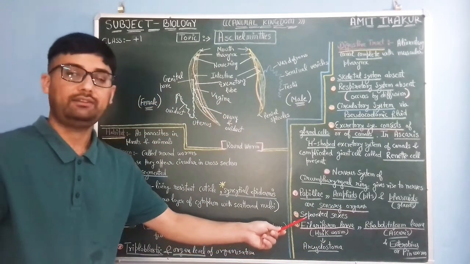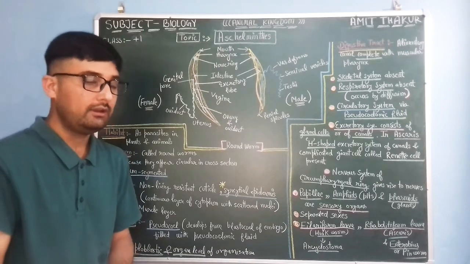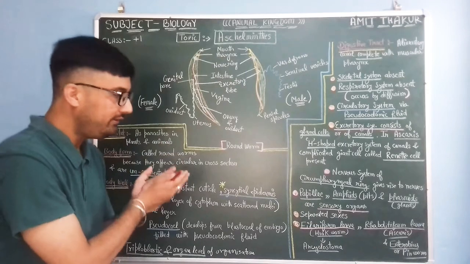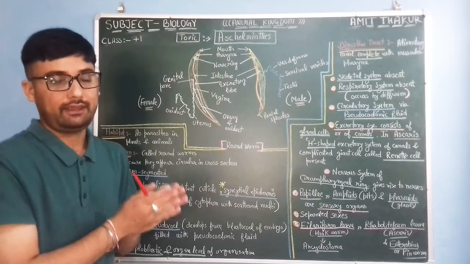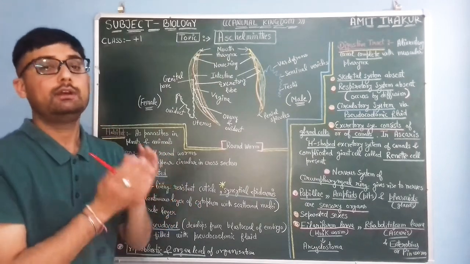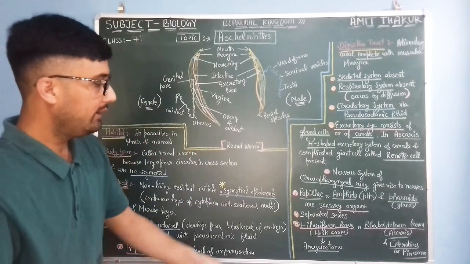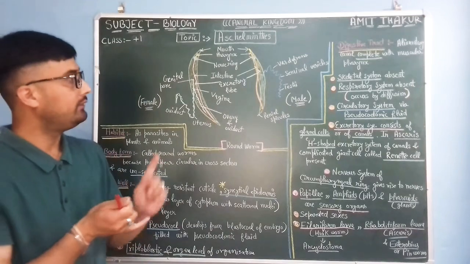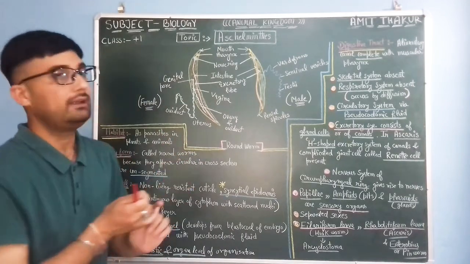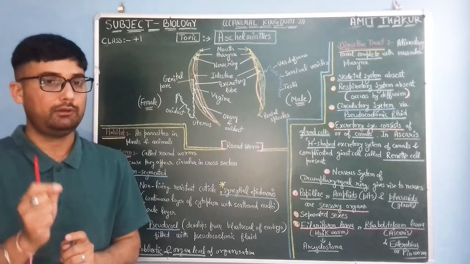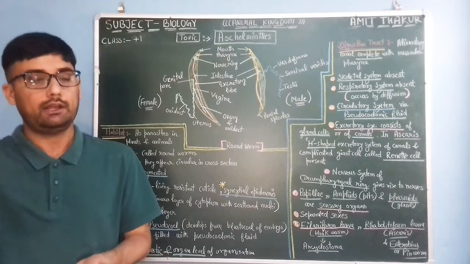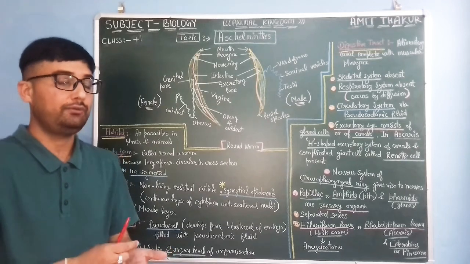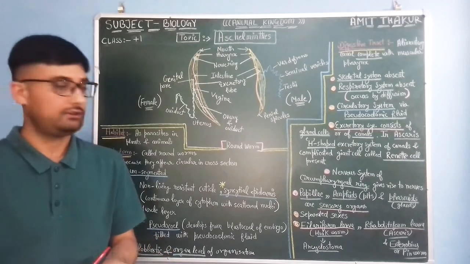No doubt, separated sexes, they are dioecious. Like in platyhelminthes, they were monoecious, and sexes are the same. That's why the term hermaphrodite has been given to them. Development of these roundworms is indirect development. When we use the term indirect development, that means there is a larval stage just before the adult stage.